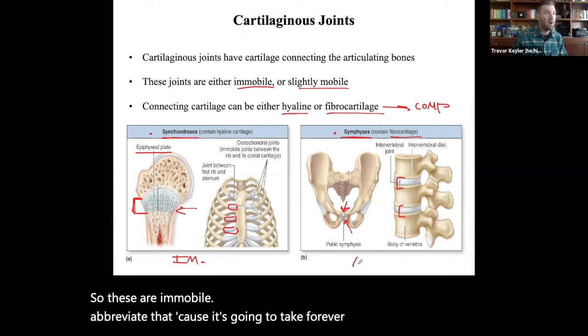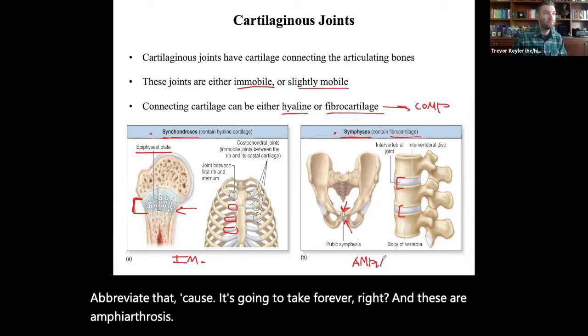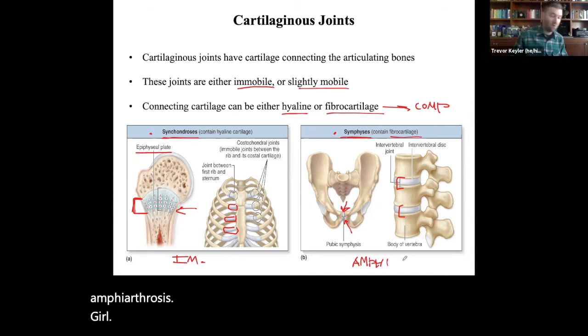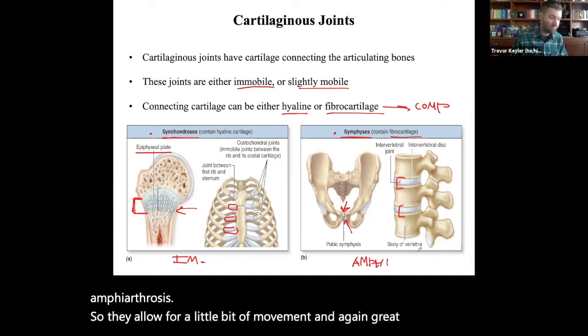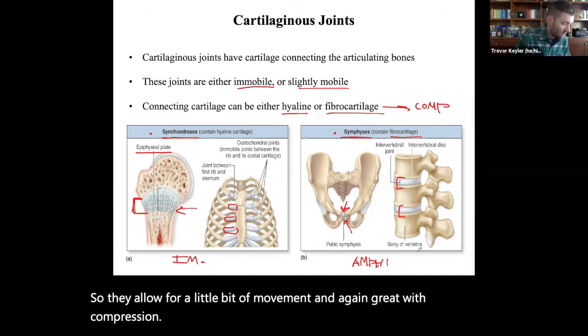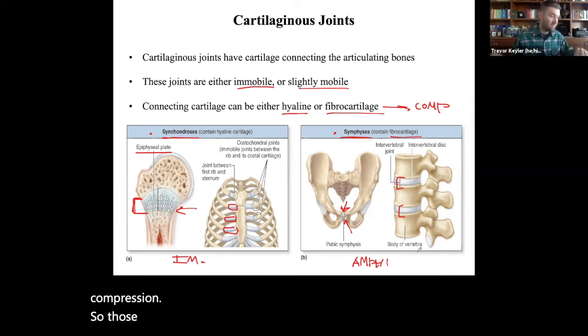And these are amphiarthroses. Okay, so they allow for a little bit of movement, and again, great with compression. So those are our cartilaginous joints.